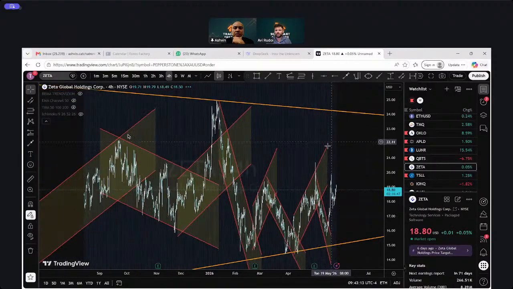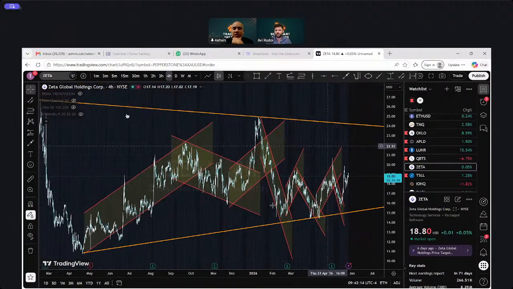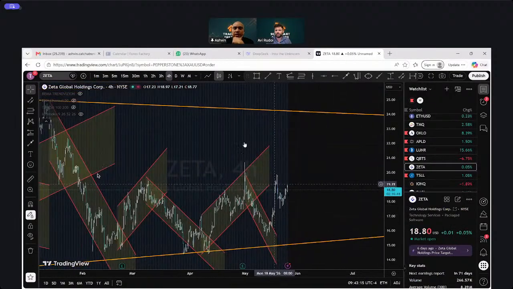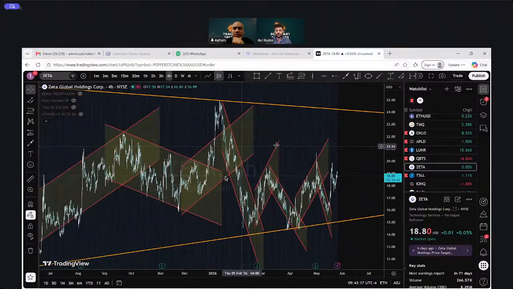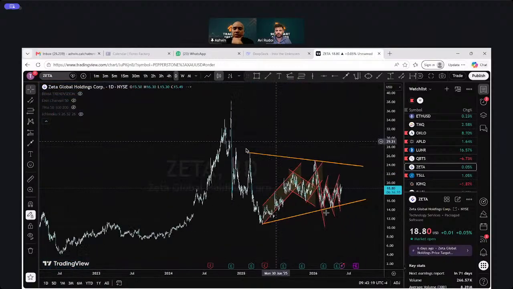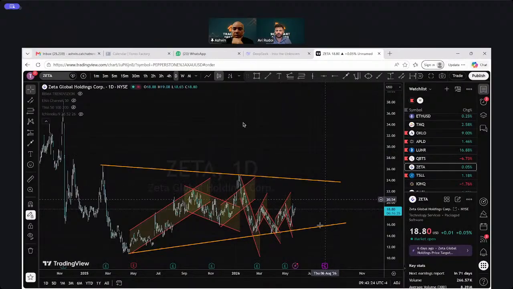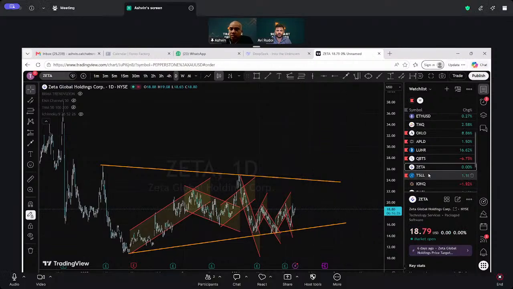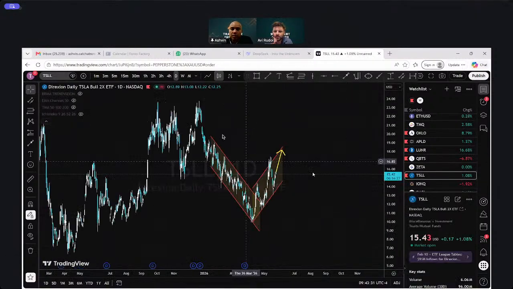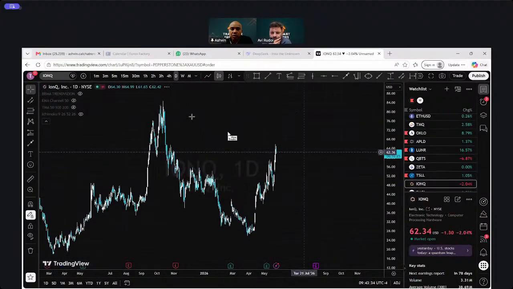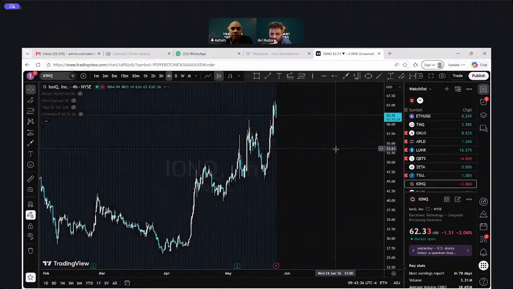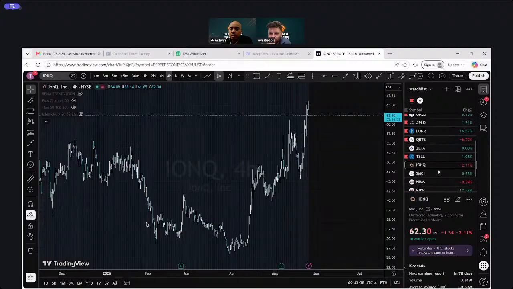Very good opportunity to get in. Zeta, as I mentioned, it goes up fast, it comes down fast because it's in the triangle. So it's probably going to play within this range, and still time to play within this range, like maybe a couple of weeks to a couple of months. Tesla TSL is simple, just pushing up. IONQ currently is coming back down.